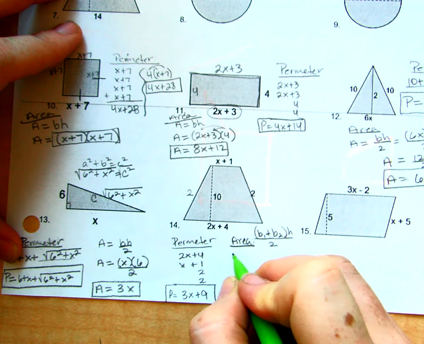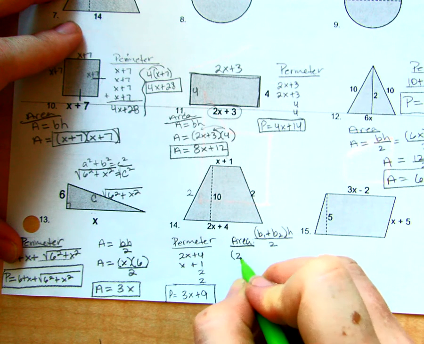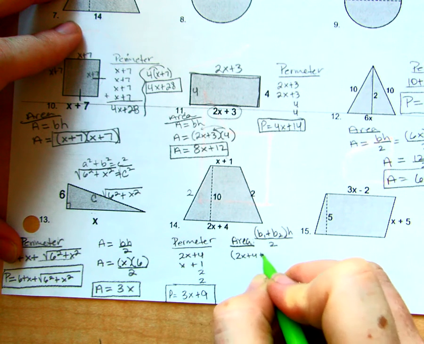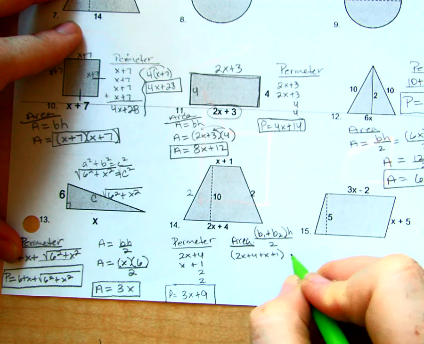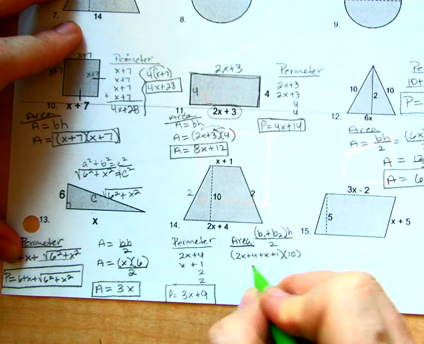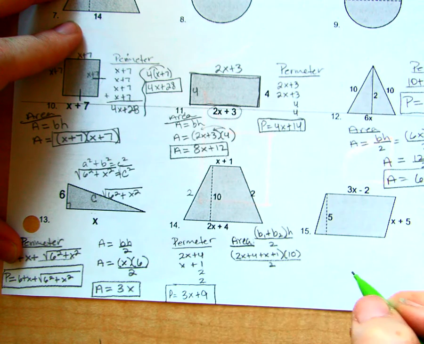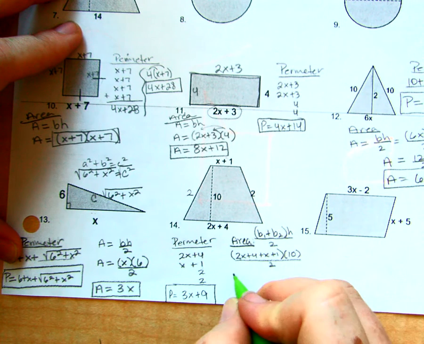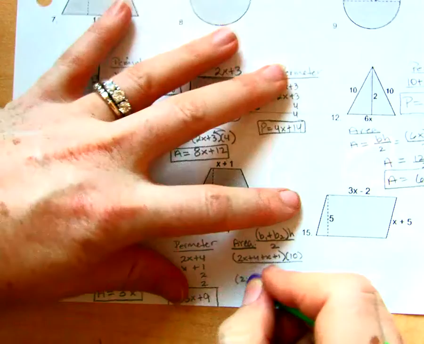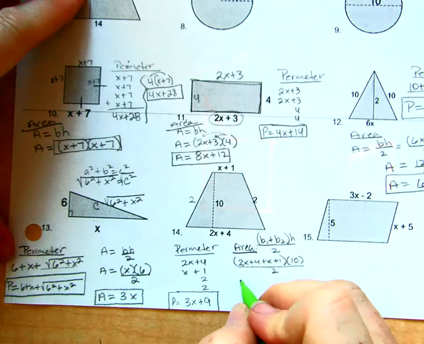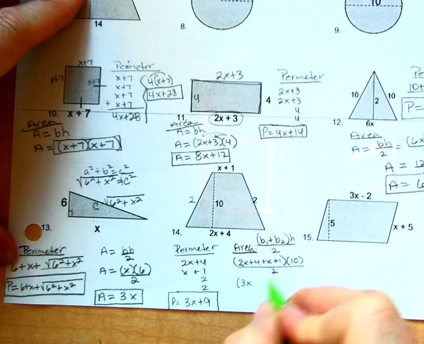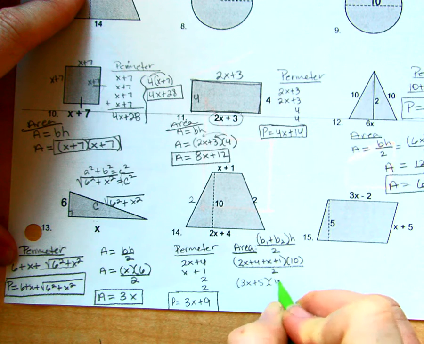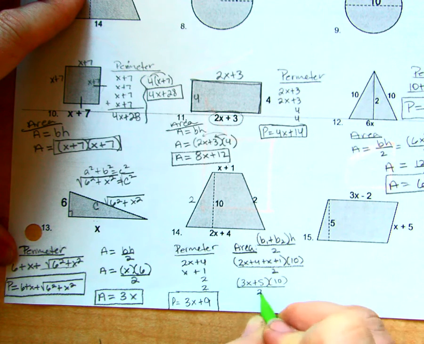So in order to get the area, we take base 1, which is 2x plus 4, add it to base 2, which is x plus 1, multiply it times the height, and divide by 2. Combining like terms in here, 2x plus x, we get 3x plus 5 times 10 divided by 2.